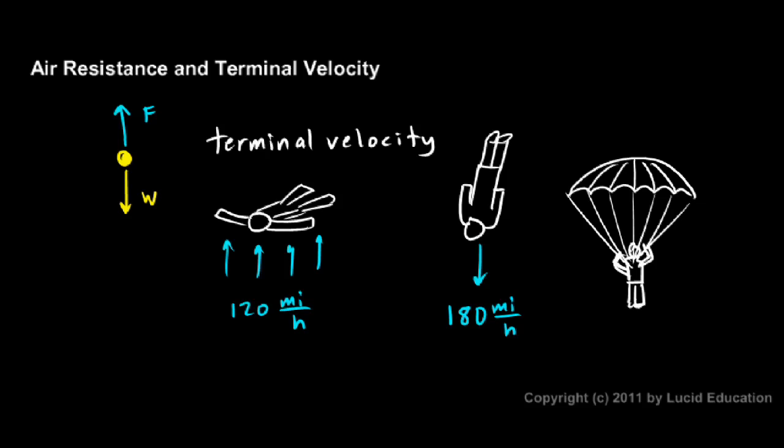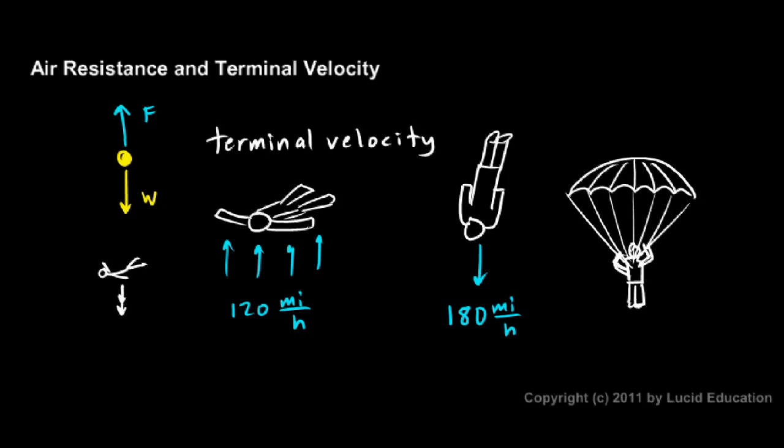If you jump out of the airplane, and so here you are falling through the air. At first, right when you jump, your speed downward is zero, and so the air resistance is zero. So then you start to fall, you get up some speed, and that causes a little bit of air resistance. So because there's a little bit of air resistance, you're not accelerating quite as fast, but you're still accelerating.